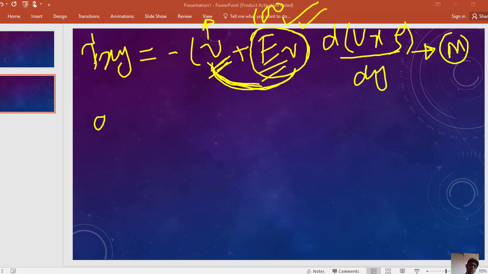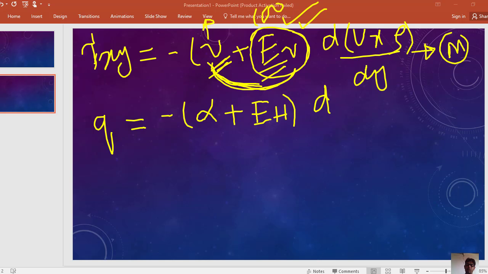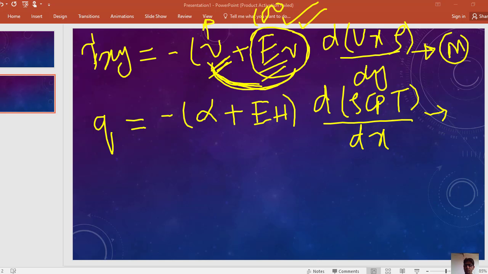Similarly for the turbulent flow, the heat flux is denoted by minus thermal diffusivity plus eddy diffusivity for energy or heat, into d(rho Cp T) divided by dx. Suppose equation N is for the turbulent flow.